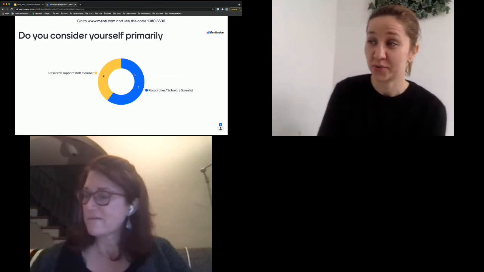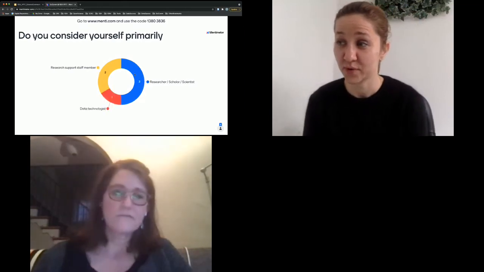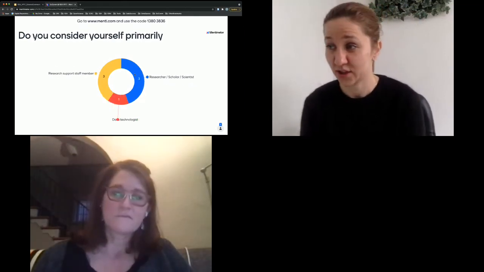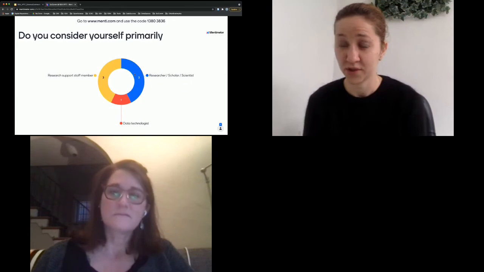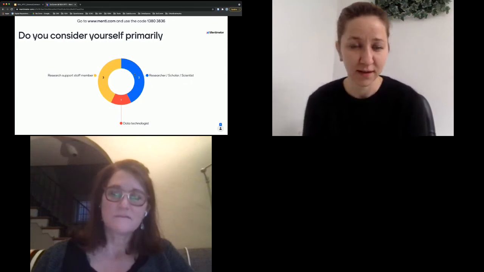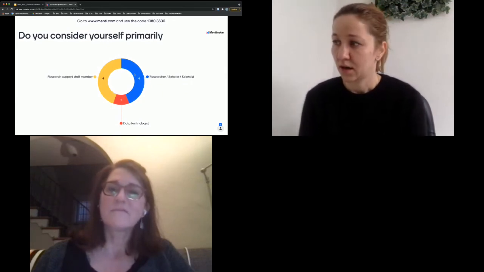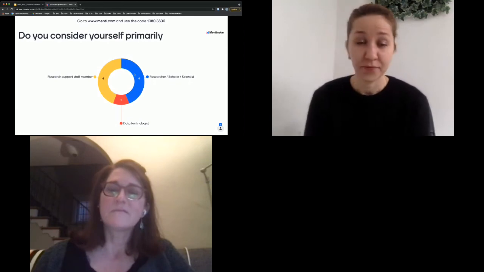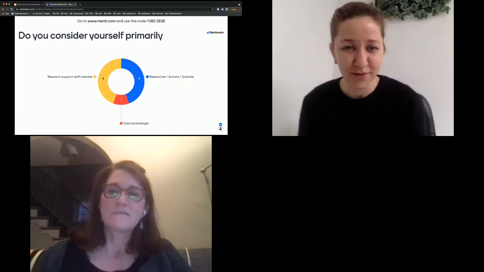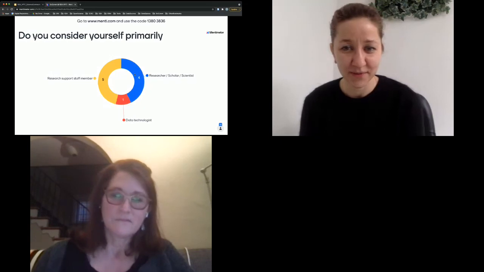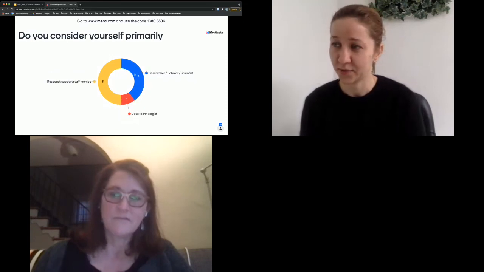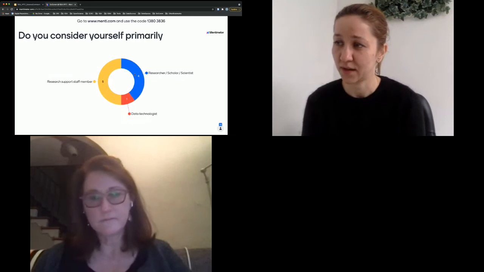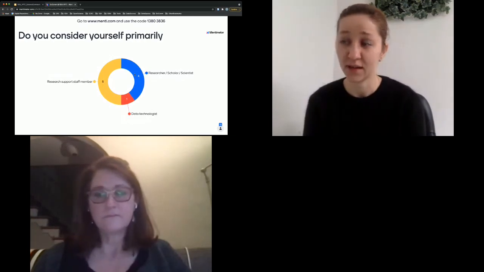So are you researchers, research support staff, data technologists? There are some other options: funders, policymakers, research support staff, journalists, and science communicators. So all the categories that we sort of listed before for the participation. So I see that a lot of you are research support staff.